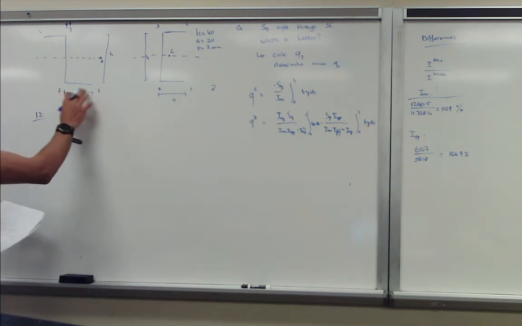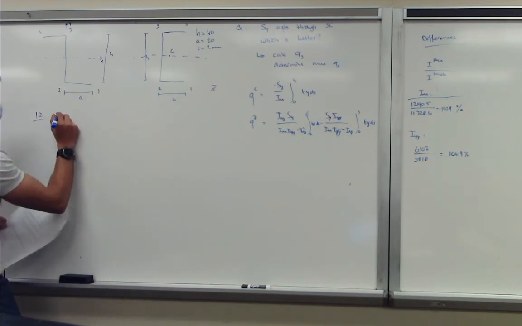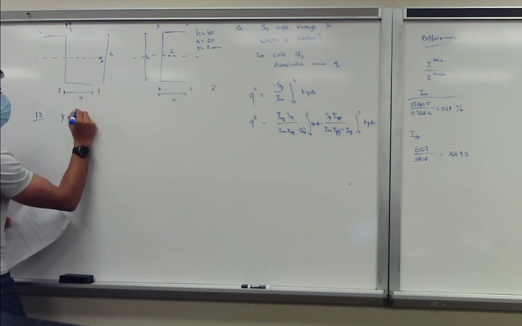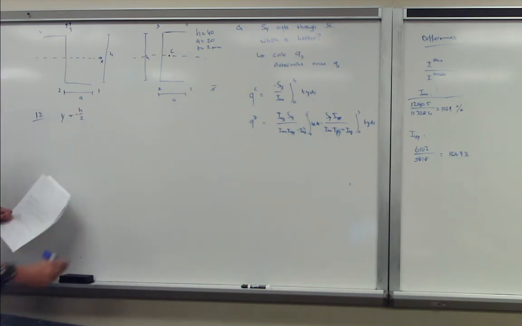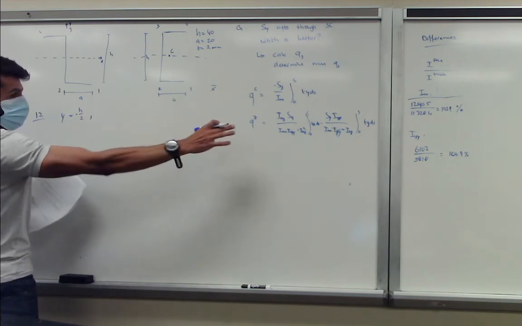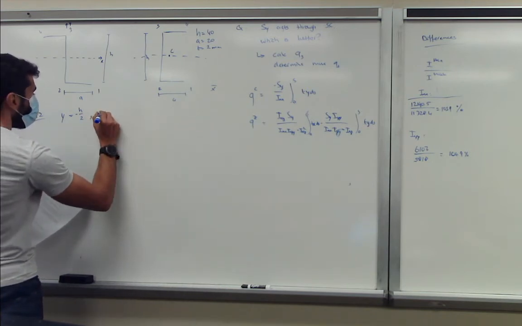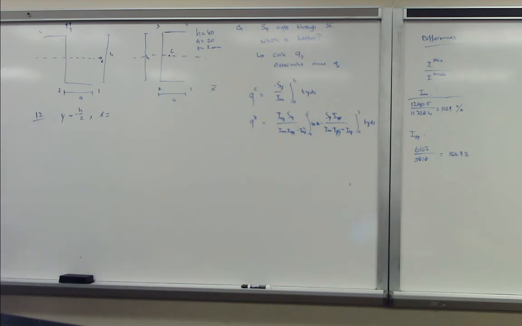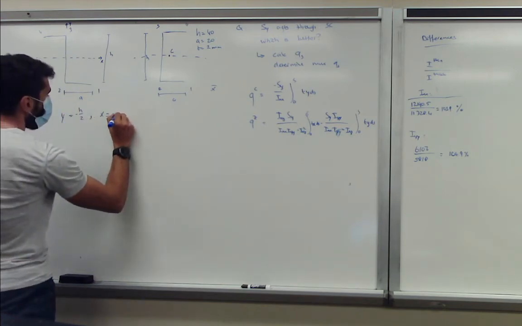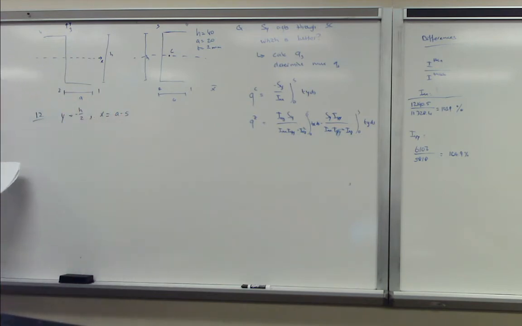The coordinate for y remains constant, so y will be minus h over 2, to be exact. And for x, we start at x is a, and we go to x is 0. So we get a minus s1, because this is segment 1, segment 2, segment 3.